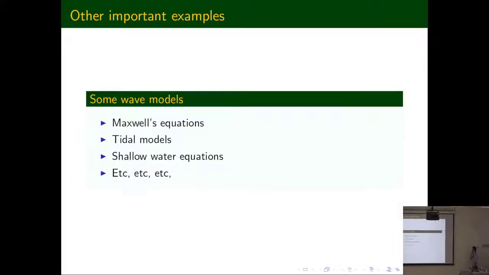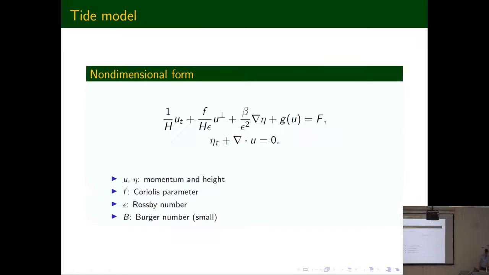And this is really pervasive in wave phenomena that we see: time-dependent Maxwell's, tidal model, shallow water equations, et cetera, et cetera, et cetera. So the thing that I'm going to focus on is tide models, and a particular kind of linearized tide model. Okay, so here it is after you do a bunch of work and you do some non-dimensionalization.